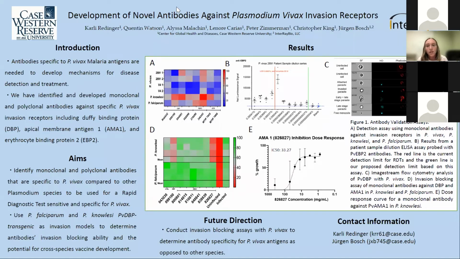Results from these collective experiments will then be analyzed to determine which of our polyclonal and monoclonal antibodies have the highest specificity for P. vivax for use in eventual diagnostics and disease treatment. More generally, we hope to bring new insight into P. vivax invasion into red blood cells, about which there is currently limited information. Please feel free to reach out to me or my PI Jürgen Bosch if you have any specific questions or would like more information about our project, but I'm also happy to answer any questions if we have any time remaining.